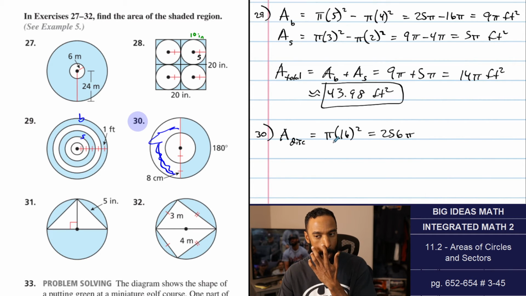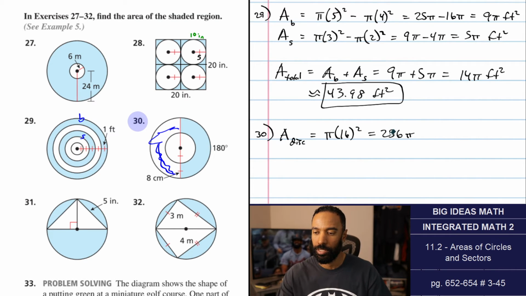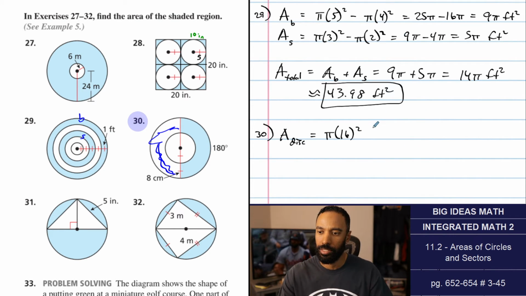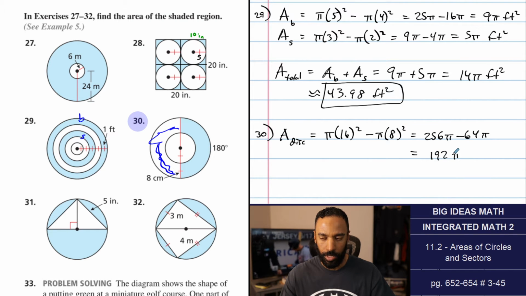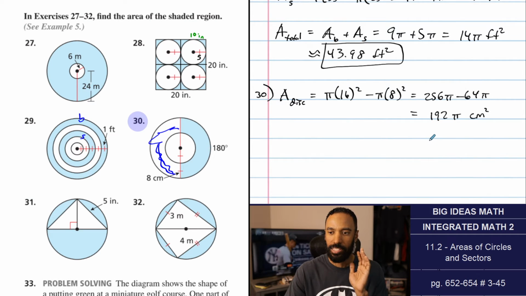Now we got to take out, minus, I missed this part, minus pi times 8 squared. So that's 256 pi minus 64 pi, which is 192 pi square centimeters. So that's the area of the disk.